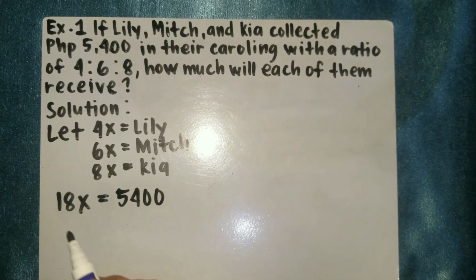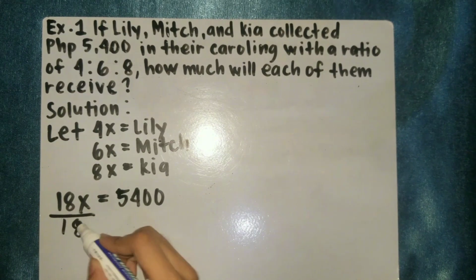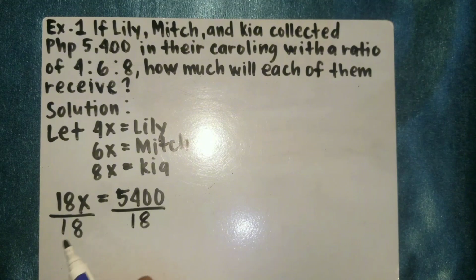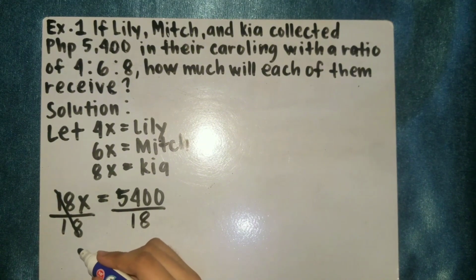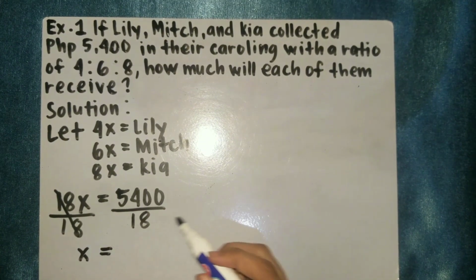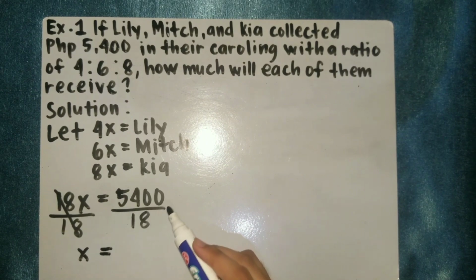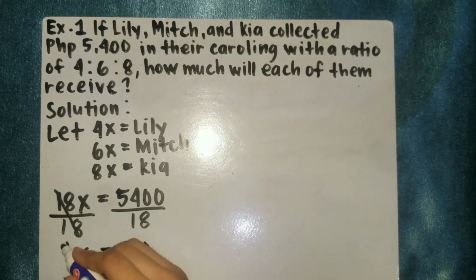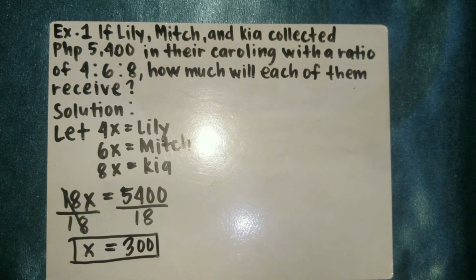Then next, we will solve for x. To solve for x, we will divide 18 by both sides. 18x divided by 18, makakancel na to, x na lang yung matitira. Equal 5,400 divided by 18 equal 300. So, ito na yung value ng ating x.